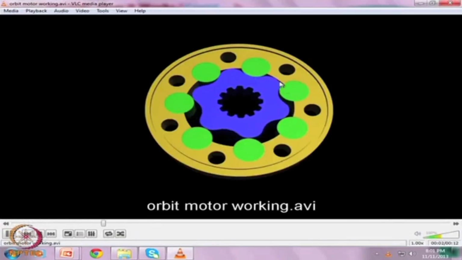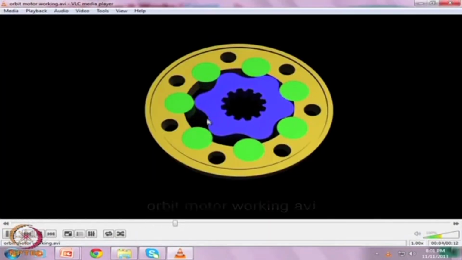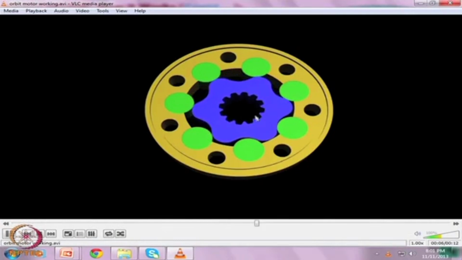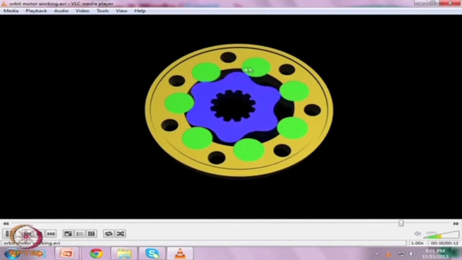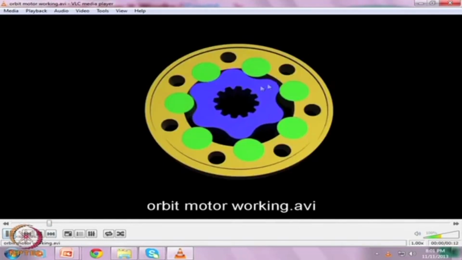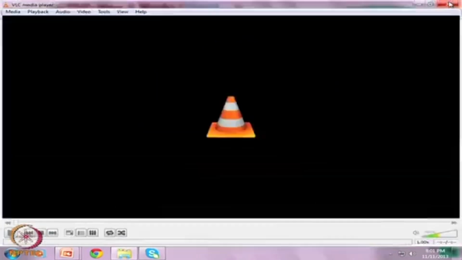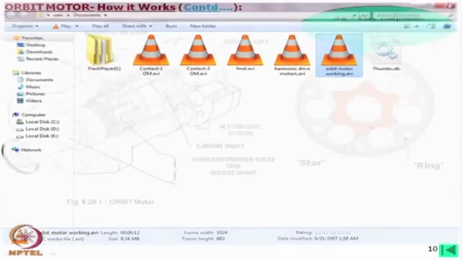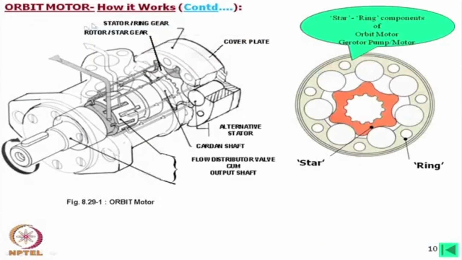This is the rotary motion which we are taking as an output, but this is being rotated by allowing high pressure oil to come in. If we look into these machines, this is the star member and this is the envelope, the lobe member.